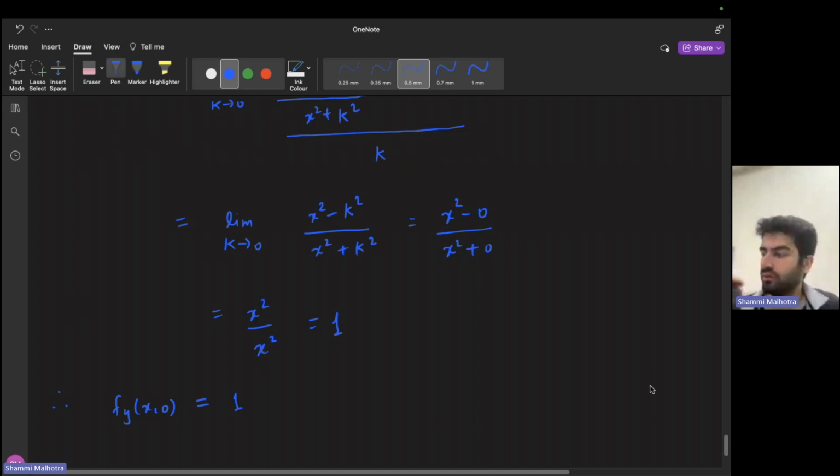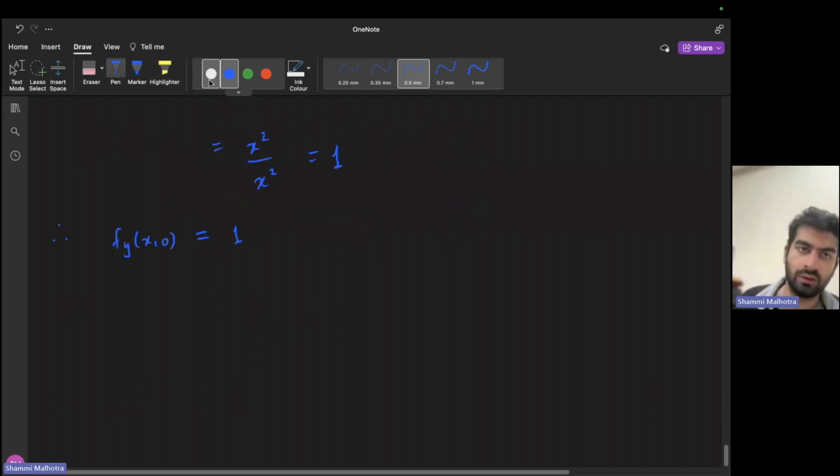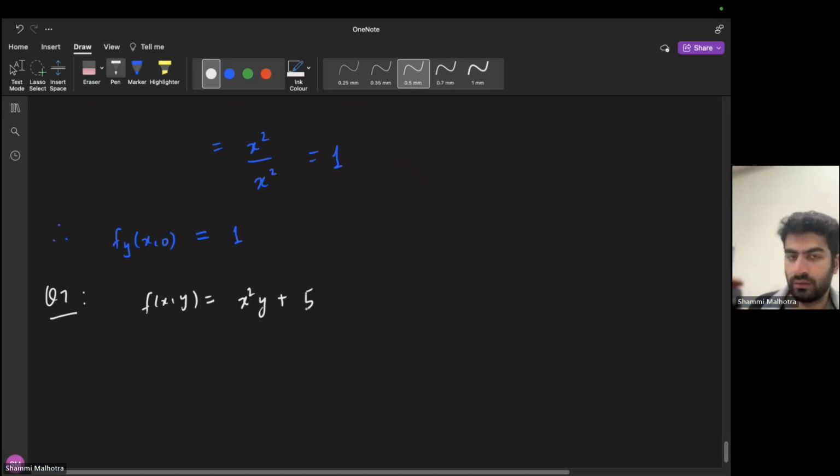All right, let's calculate the partial derivatives of one more function. So let us consider another function, another question. I consider the function to be (x square y plus 5x y square) divided by (2x plus y square). This is again a two variable function.